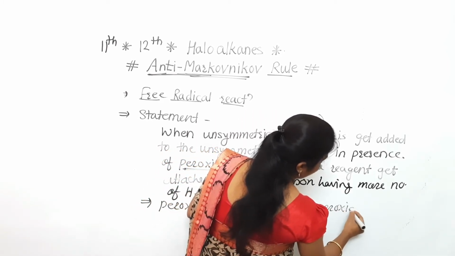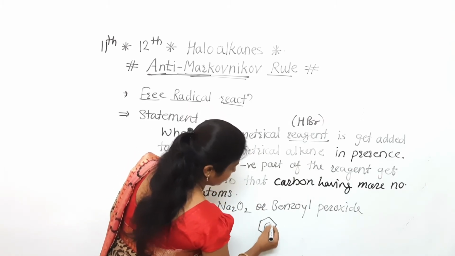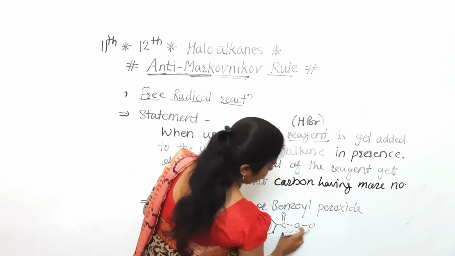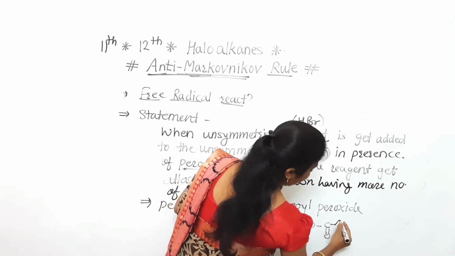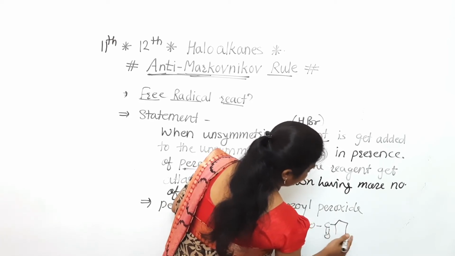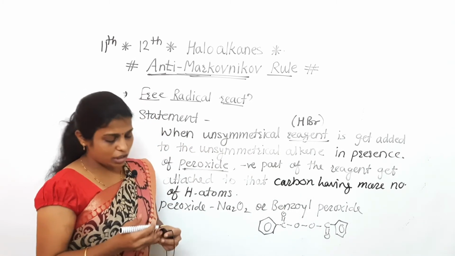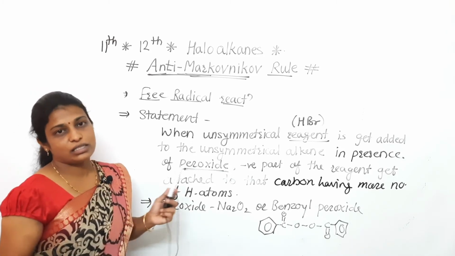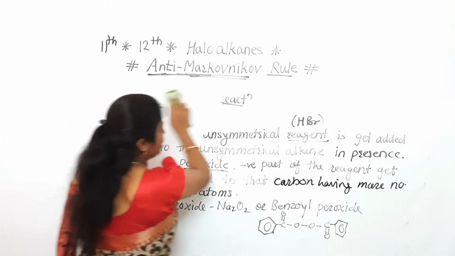What is the structure of benzoyl peroxide? The structure is a benzene ring, C double bond O, then peroxide, meaning an oxygen-oxygen single bond, and again this part is repeated here. So this is the structure of benzoyl peroxide. Clear to everyone? So in this way we have completed this reaction. Now we are going to discuss the mechanism of this reaction, because it is very important to know the mechanism also.